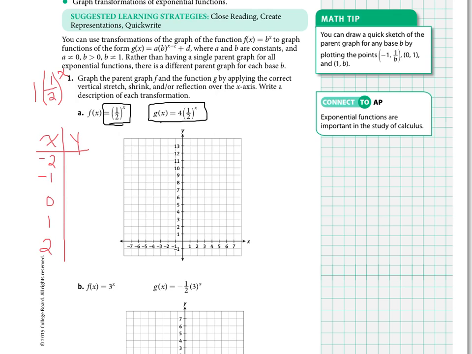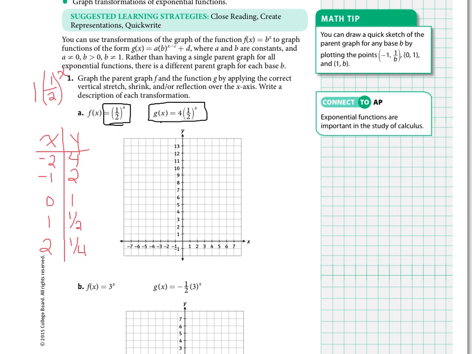So my initial value when x is 0 is 1. And I'm multiplying by 1/2 each time. So when x is 1, I'd be at 1/2. Multiply by 1/2, and we're at 1/4. Now going backwards, the opposite of multiplying by 1/2 would be multiplying by 2. So when x is -1, we have a 2. And when x is -2, we have a 4.